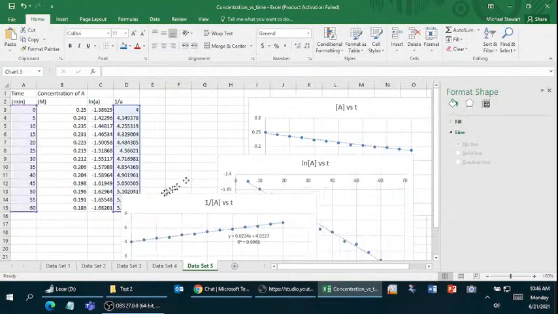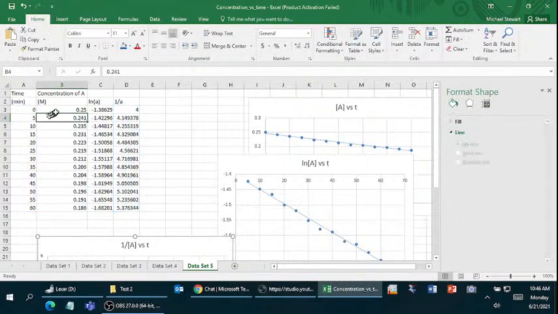From this data, we know what the starting concentration is because at time equals 0, it's 0.25 molar.